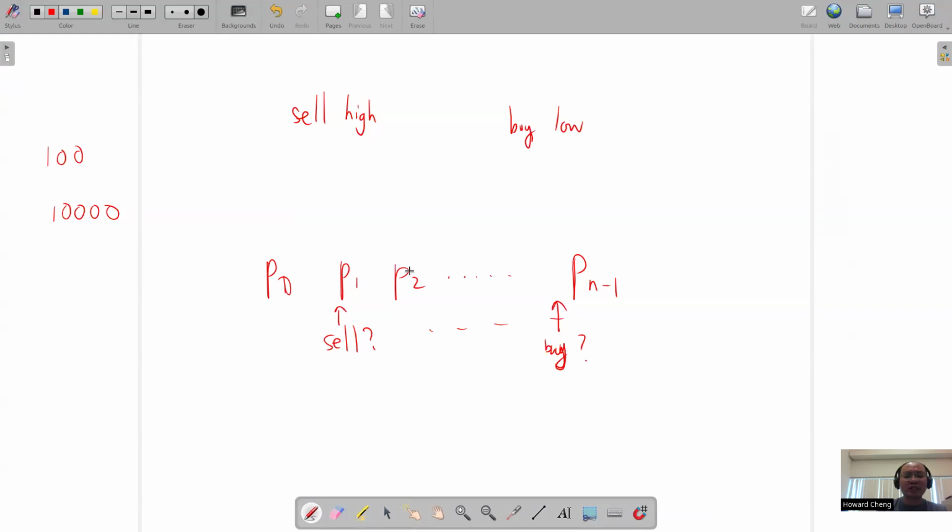The tricky part is if you sell something quite early, you're going to accumulate this penalty for the interest. So holding onto it longer and longer can get you worse and worse. So what we're going to do is try all possible times to buy.